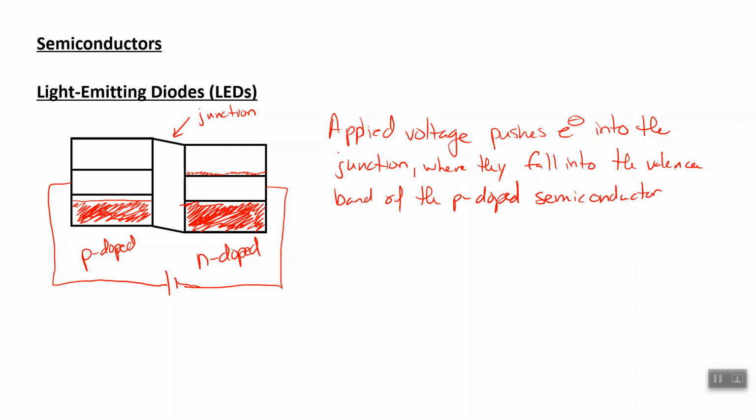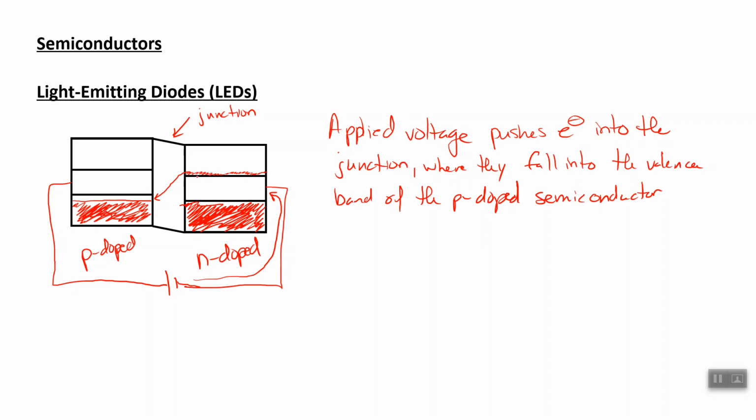Okay, so electrons go flying around the circuit, right? So we apply a voltage, so we end up with electrons moving around the circuit. The electrons come in here, we add energy to it, and that means that on the other side, these electrons come out and they go from the n-doped side, the conduction band on this side, down into the valence band of the p-doped semiconductor.